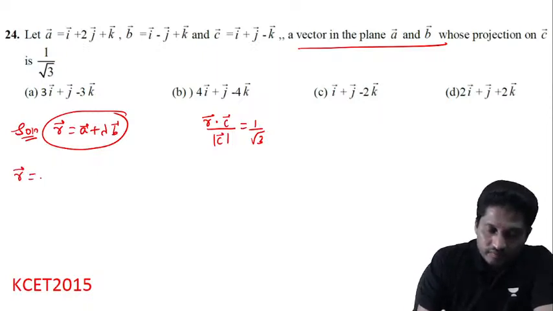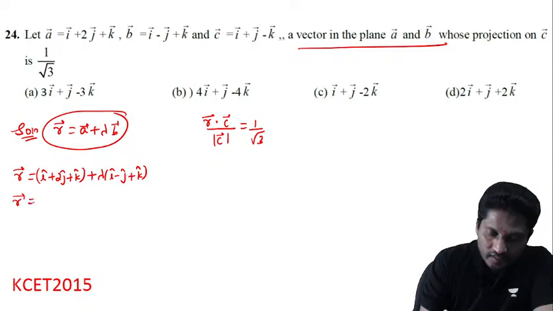Vector R is equal to i plus 2j plus k plus lambda times vector B, i minus j plus k. If you multiply lambda, it is lambda i minus lambda j plus lambda k.